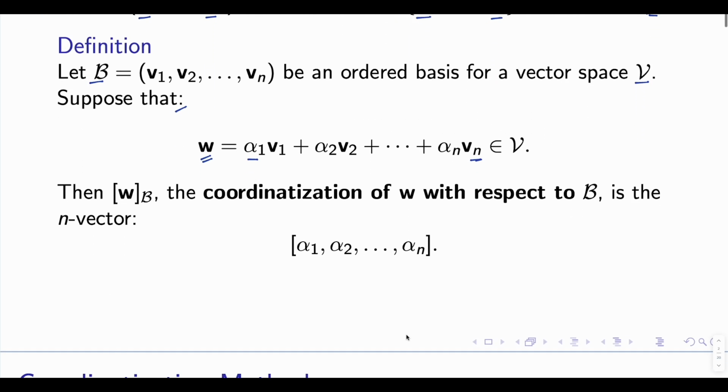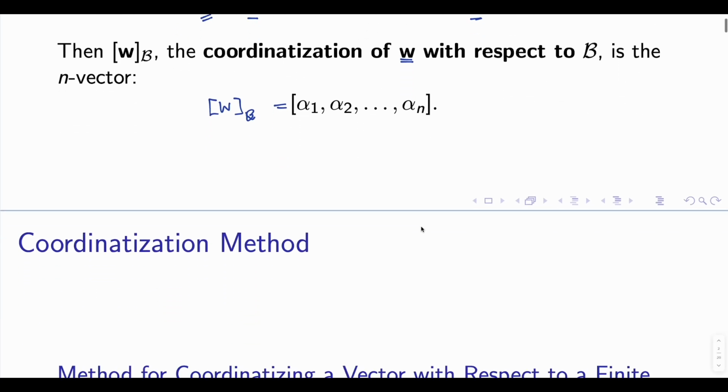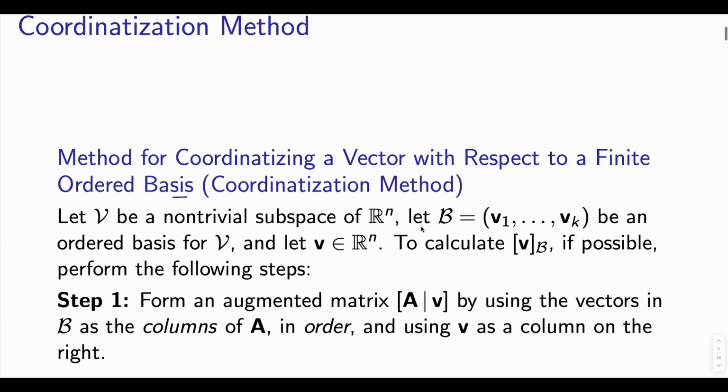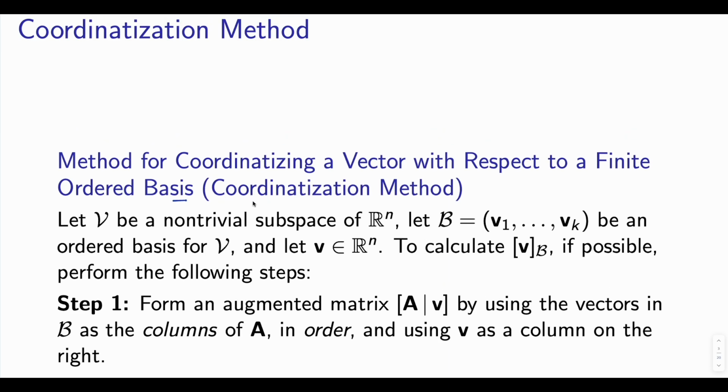And how do we represent the coordinatization of w with respect to B? We write it as [w]_B, given with respect to the basis B, equal to (alpha 1, alpha 2, ..., alpha n). Okay. So the method of coordinatization is very simple, has a few steps, and is very important also.